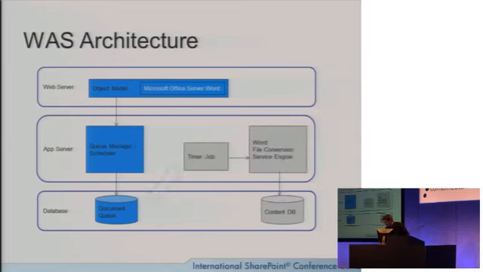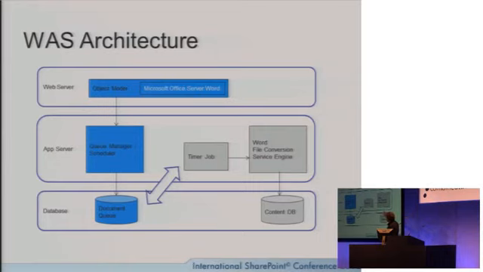So what happens is we have a timer job that runs out of the box every 5 minutes or 15 minutes, one of those. I'm doubting myself now. We've got a timer job that runs regularly. I'll read up the slides anyway.